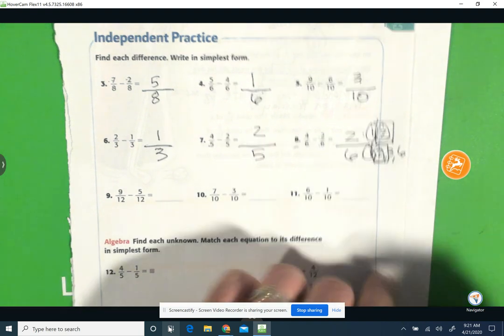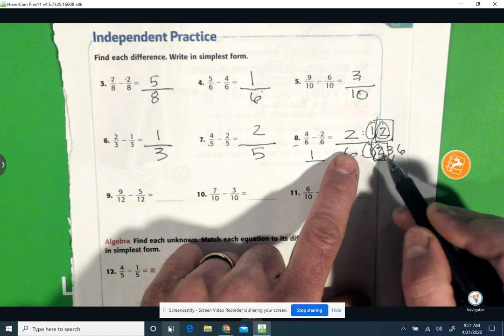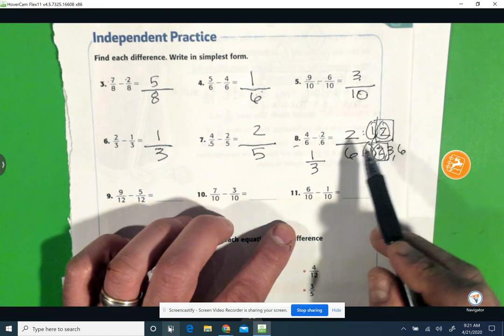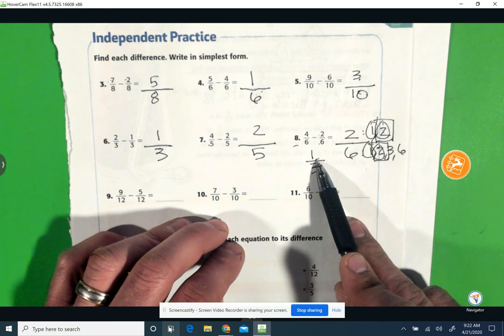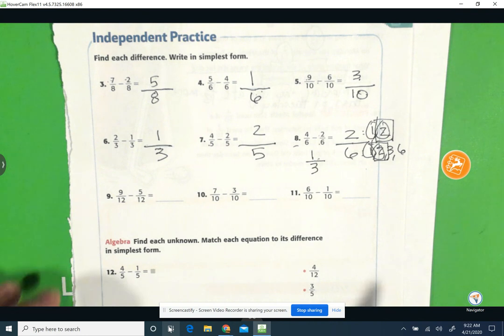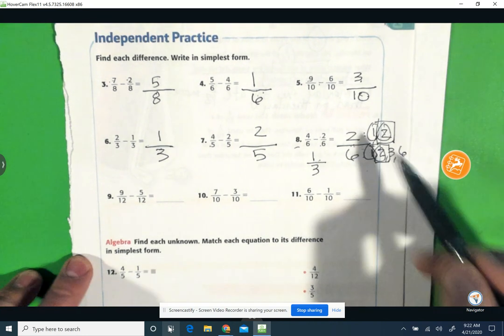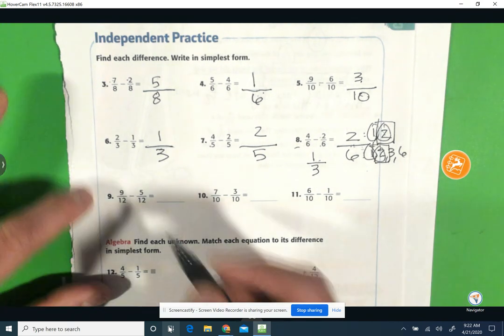When I divide 2 divided by 2, I get 1, and 6 divided by 2, I get 3. So in simplest form, my answer 2/6 is actually 1/3. Okay, that is finishing what you started. Do not leave your fractions unattended to when it comes to simplest form.